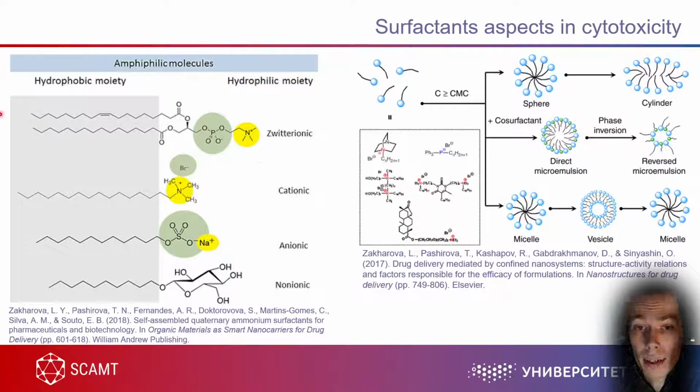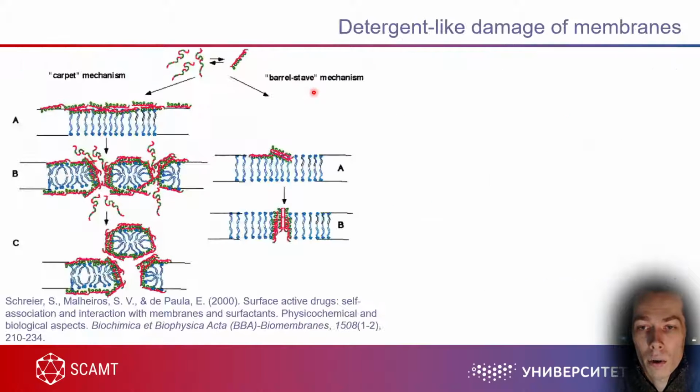If you look at their structure, it is very similar to something you can observe in the cell. There's some kind of head and some kind of tail. And in our cells, there are a lot of such structures.